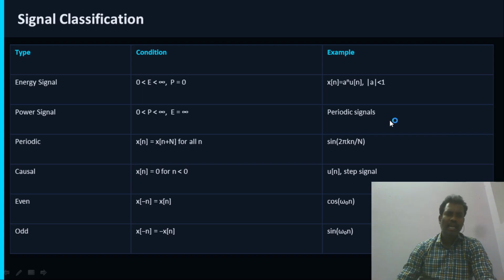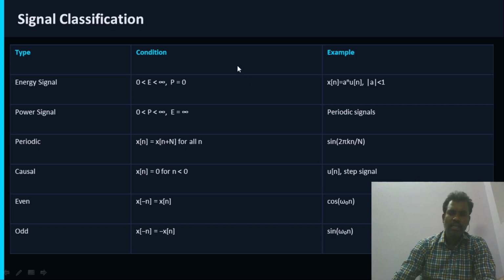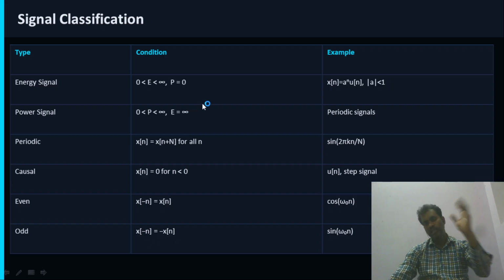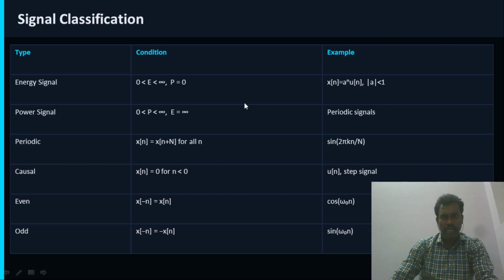How can we calculate the energy? Energy is nothing but sigma x squared of n, the sum of squares of the samples. But power is energy per unit time, so limit n tends to infinity, 1 by 2n plus 1, sigma x squared of n. 2n plus 1 means we are calculating over a period from minus n to plus n.